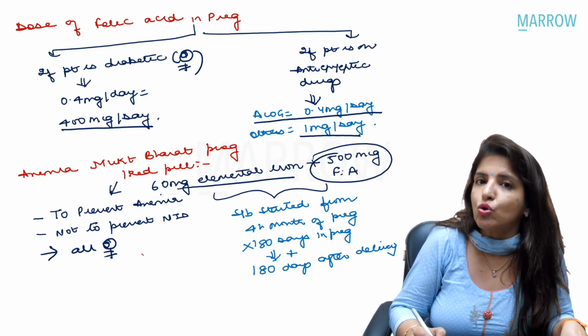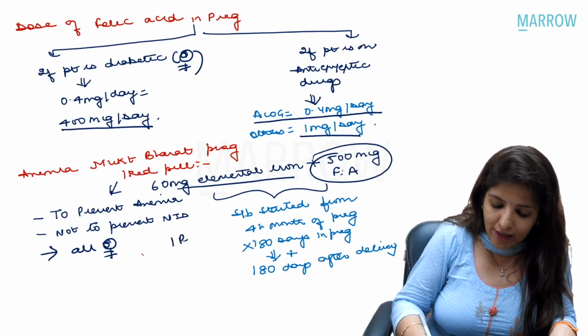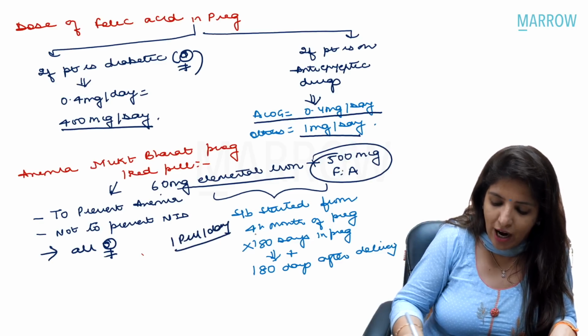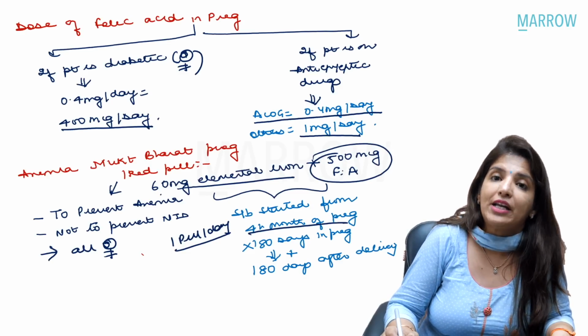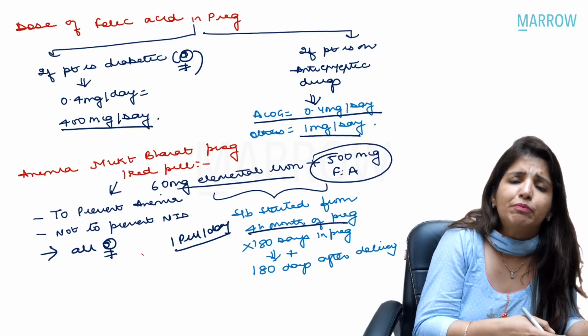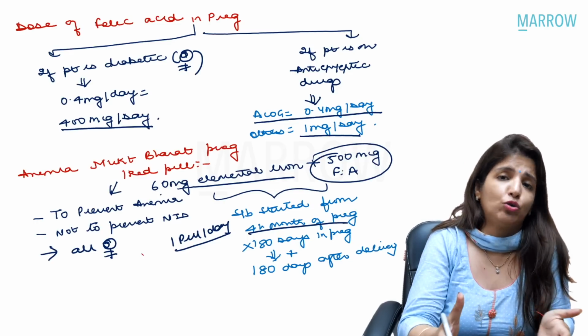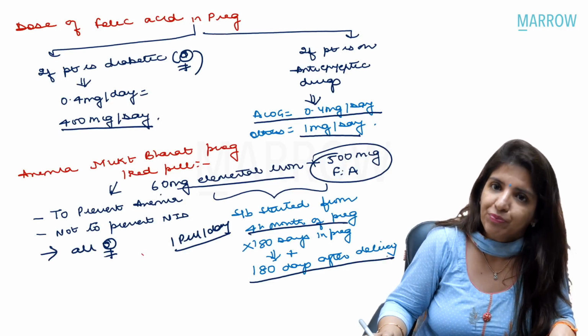This is not the dose to treat anemia. So to prevent anemia, you have to give them 1 pill per day, which has to start from 4th month of pregnancy, and it has to be continued for 180 days of pregnancy. And 180 days of pregnancy starting from 4th month actually means you have to continue it throughout pregnancy and for 180 days after delivery. Right?